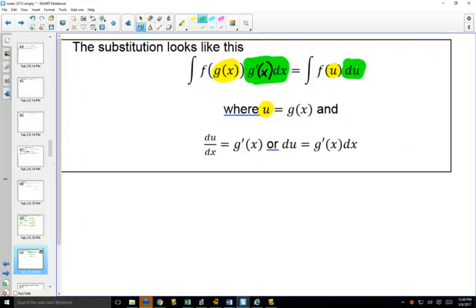Now, the reason for this is if you had some function u and you substituted u is equal to g of x, if you did the derivative of du dx, you would get the derivative as just g prime of x. Because if u is equal to g of x and you take the derivative, it will be g prime of x.